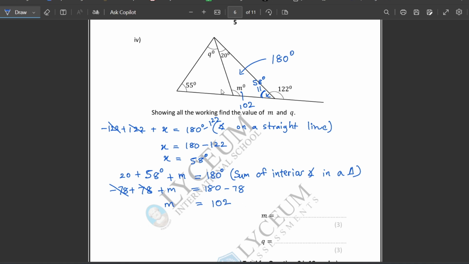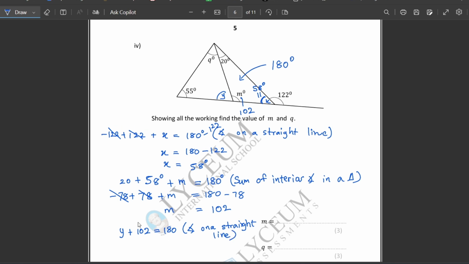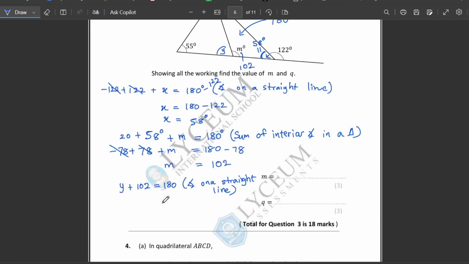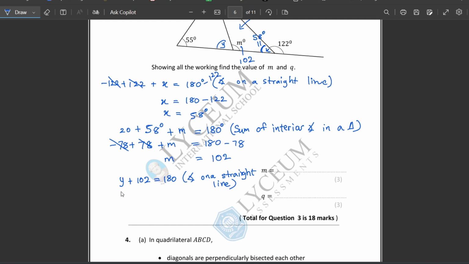So let's take this as y. Y plus 102 should be equal to 180 because angles on a straight line. So with that we can get the value of y.